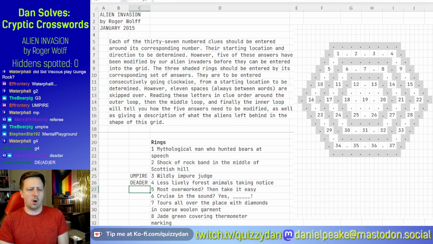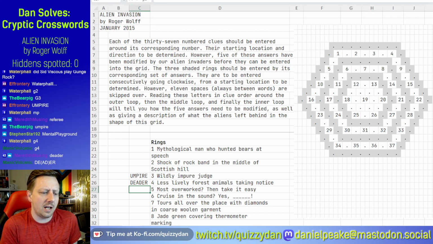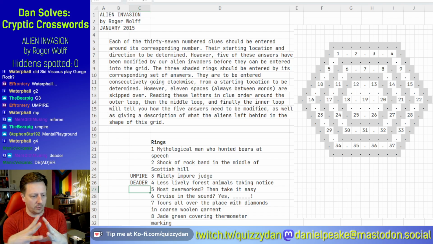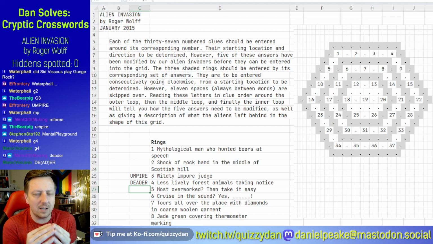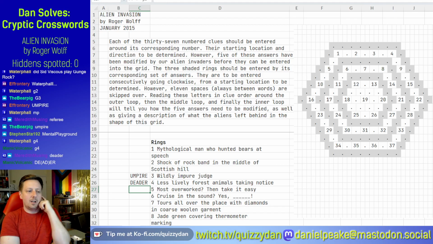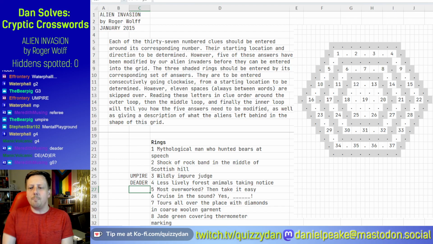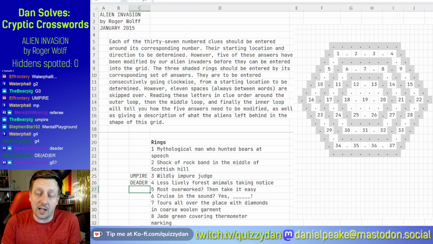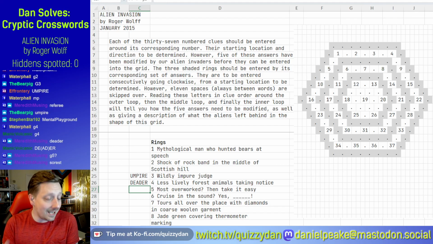Clue 5: Most overworked, then take it easy. Yes, I'm happy with this one. Most overworked. It's overworked. I'm happy with 5. What do you think it is? It is sorest.